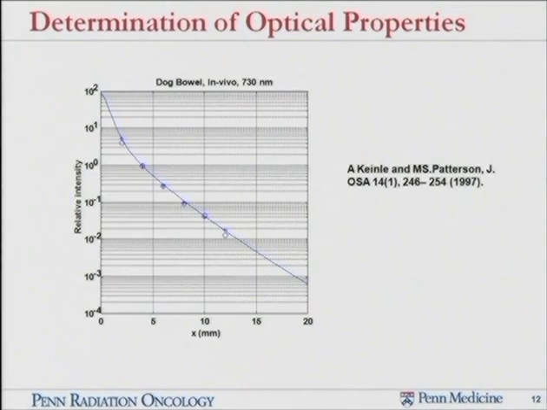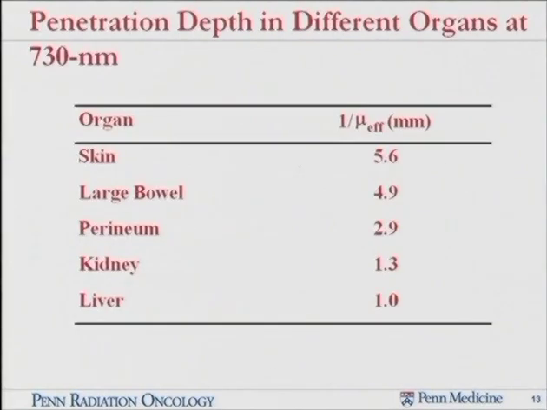There are well-established formulas that you can use to fit those measured data in semi-infinite media, and the fitting will let us determine the absorption and scattering coefficients of the tissue. For example, you can do the calculation and determine the penetration depths of light at the treatment wavelengths. This is at 730, different for different organs.